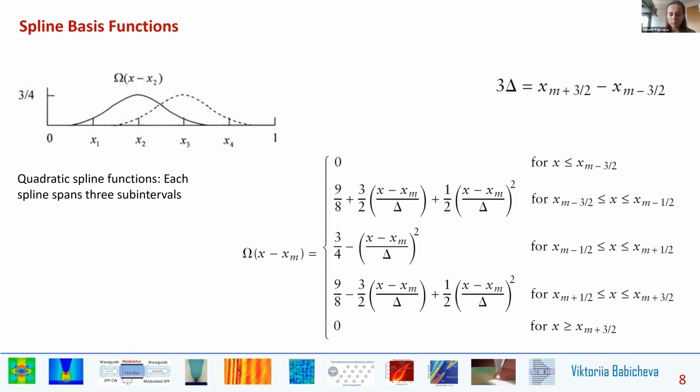And we can see that each spline function spans 3 subintervals. And 3 basis functions span each subdomain, right? So you can see the tendency, right? When we increase the order, we need to span more subdomains, but we also have a higher order of integrals being possible, so of differentiation order.